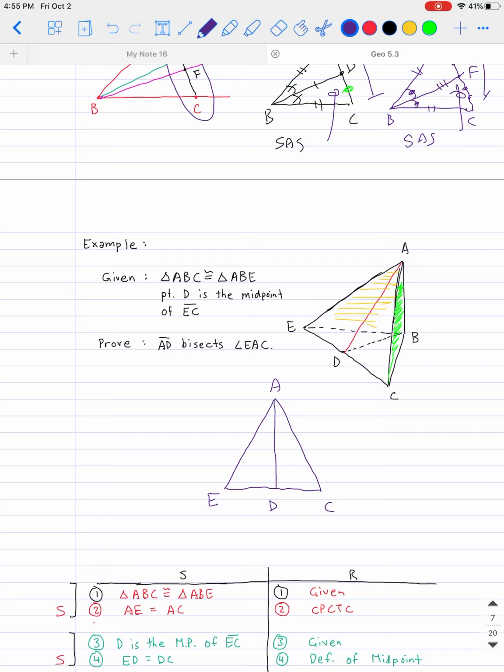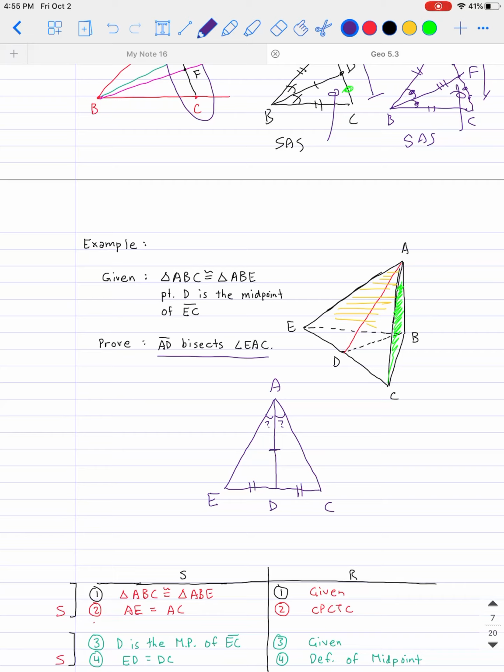Now, in this picture, what I need to do is prove that AD is going to bisect EAC, because that's what I need to prove. So these guys right here, you're probably going to put the question mark because I want to prove congruency over there, right? Let's see, in terms of what's given, we know that this is going to be congruent to this because D is the midpoint of EC.